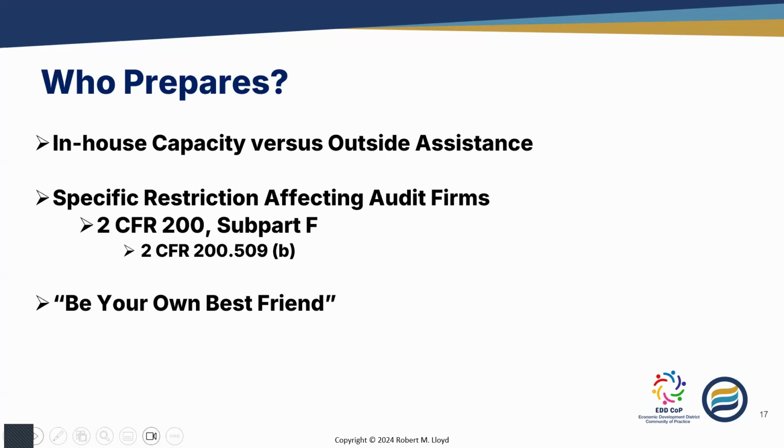What it says is if the organization recovers more than $1 million of indirect cost annually, the indirect cost allocation plan and rate proposal cannot be prepared by the firm that conducts the organization's single audit. Essentially, they'd be auditing their own work.